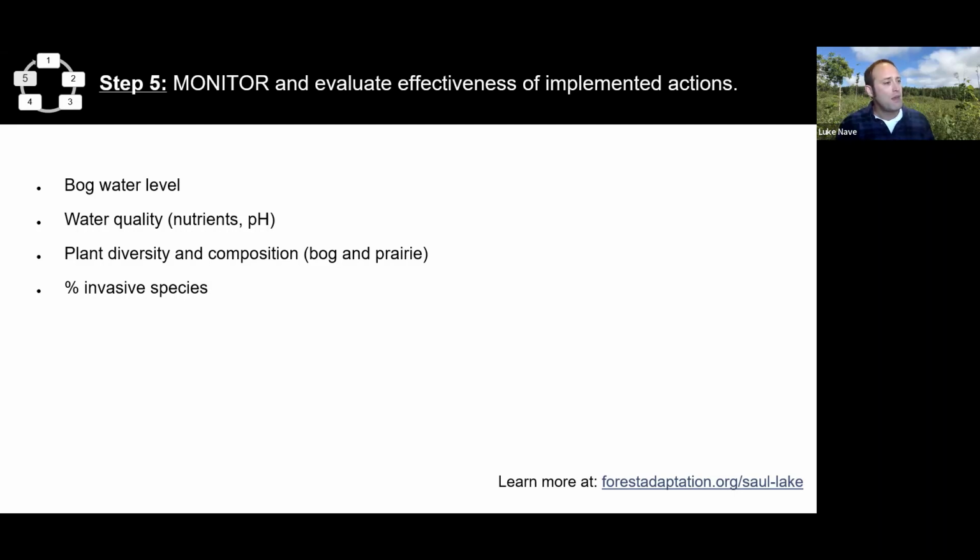And as relates to any actions that the team chooses to take, such as acquiring adjacent lands for hydrologic buffering. Water quality, measuring the concentrations of nutrient ions in the water that is reaching the wetlands or in the waters of the wetlands themselves. pH, of course, very important. The high acidity of bogs is part of what makes them what they are and what causes them to hold so many delightful plant species that have evolved under low nutrient conditions. Plant diversity and composition are relatively straightforward to monitor.